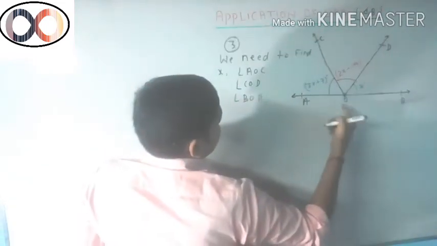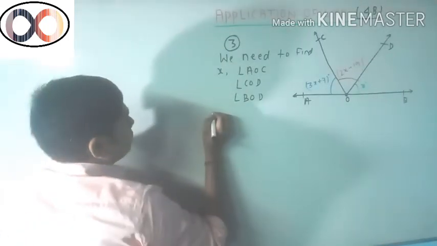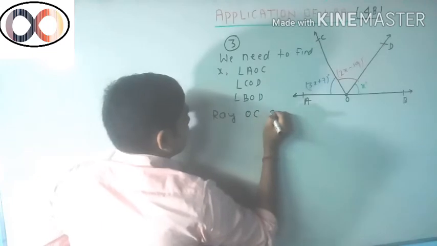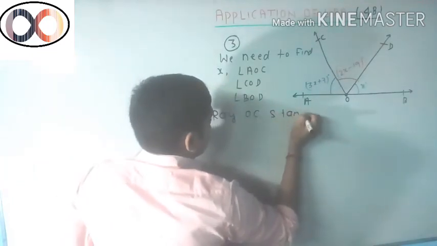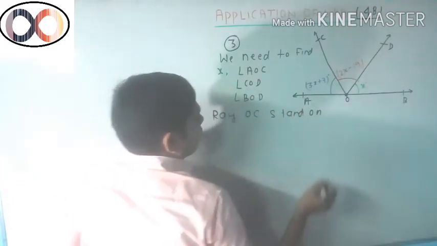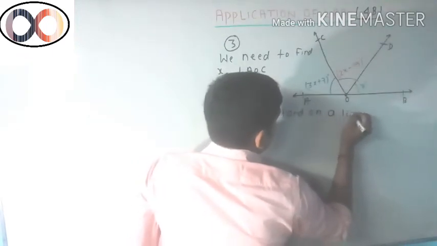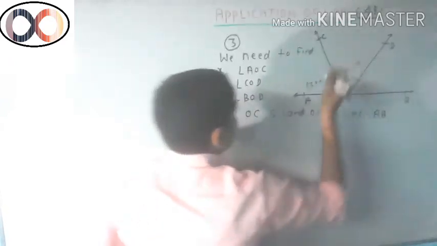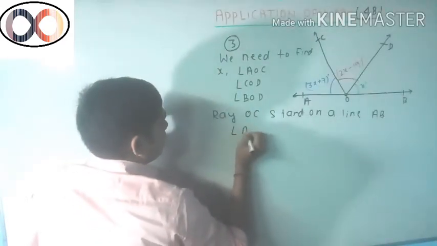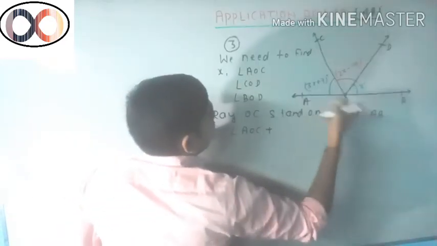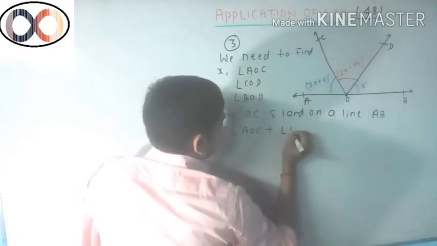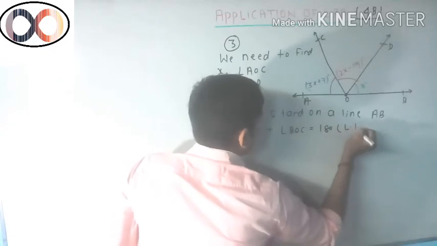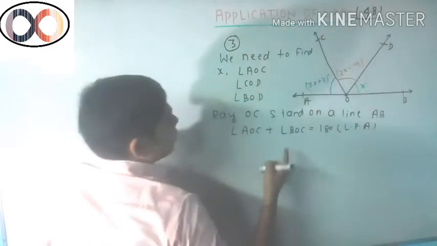So we can write here ray OC stands on a line AB. Okay, that's why we can write angle AOC plus angle BOC, that is 180 degree due to linear pair of angles.